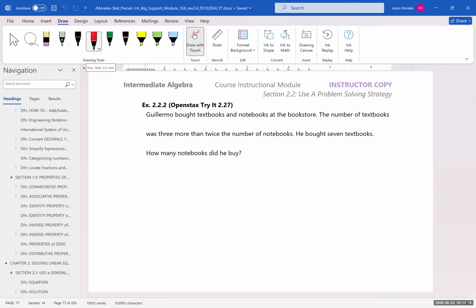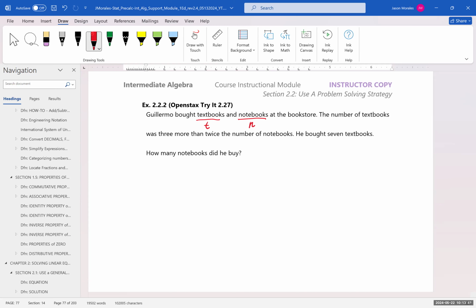So let's try and break this whole problem down. So it looks like we are dealing with textbooks and notebooks. So maybe we can let the letter T be the variable that stands for the number of textbooks, and N to be the variable that stands for the number of notebooks.